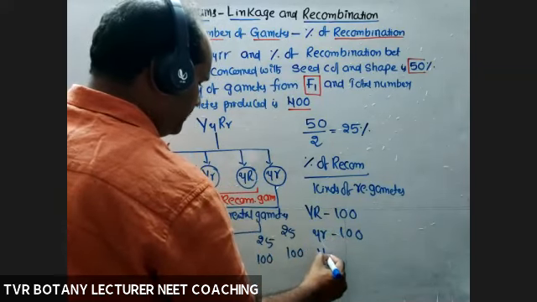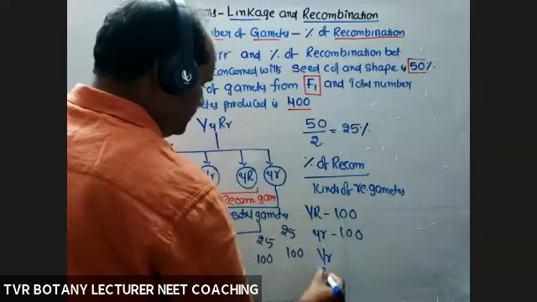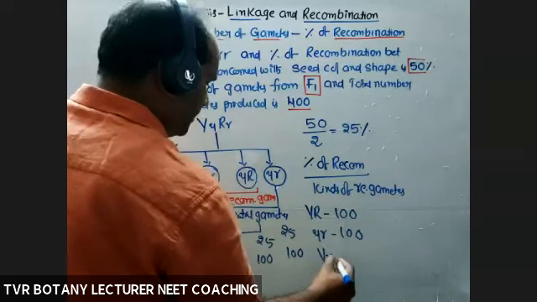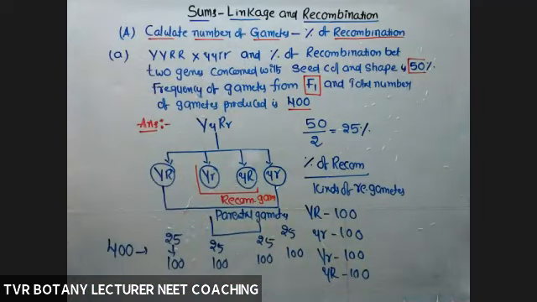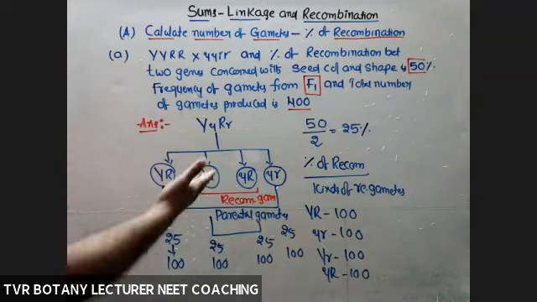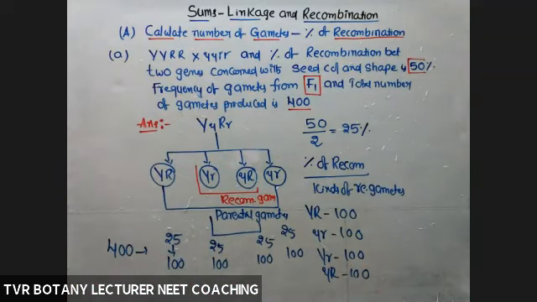Recombinant gametes, capital Y small r and small y capital R, 100 and 100. This is a very simple sum, easy to calculate. When this type is asked, simply divide the given percentage of recombinants by the total number of kinds of recombinants.